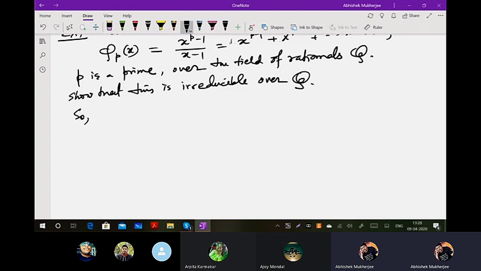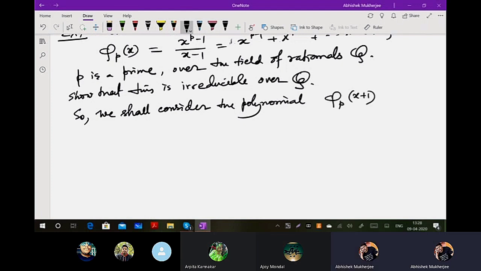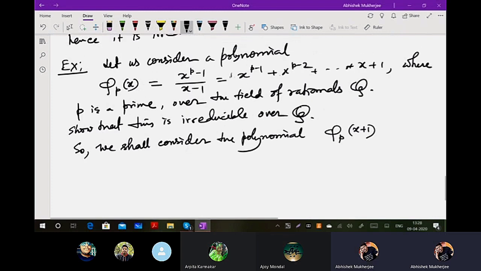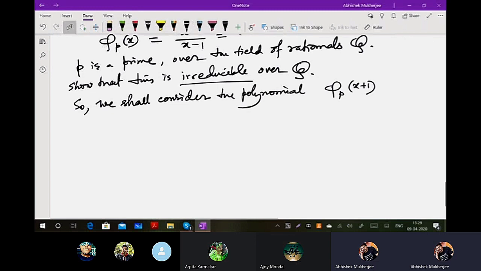So we shall consider the polynomial phi p x plus 1. This is a trick to show that this polynomial phi p x is irreducible. This is a crucial trick. We need to consider the polynomial phi p x plus 1.